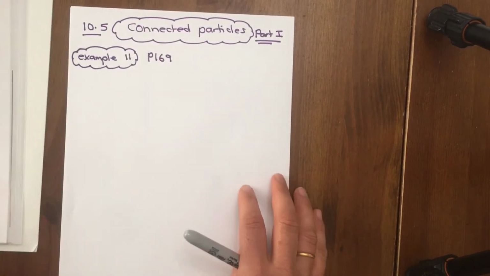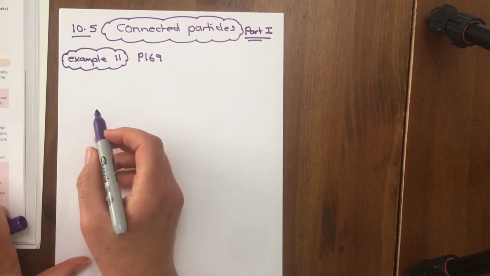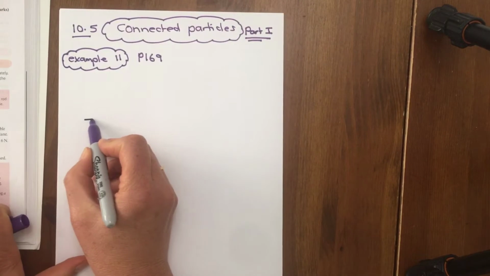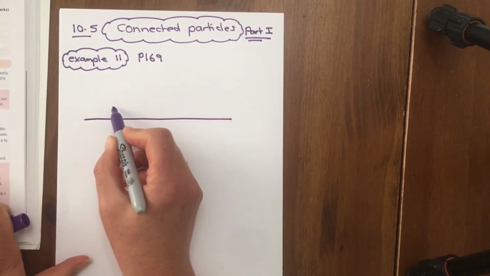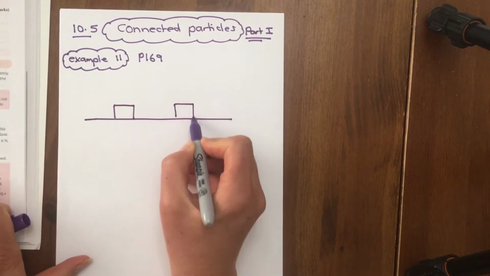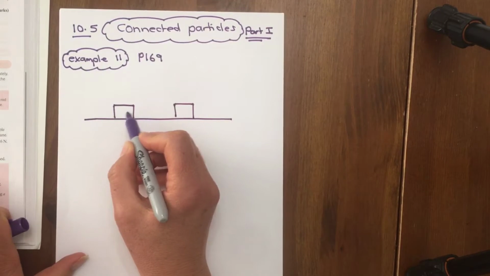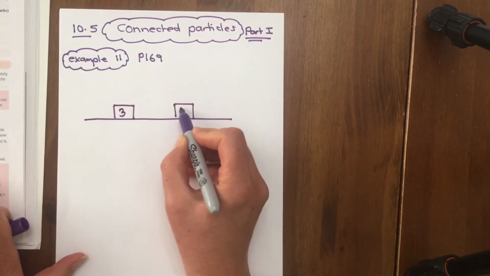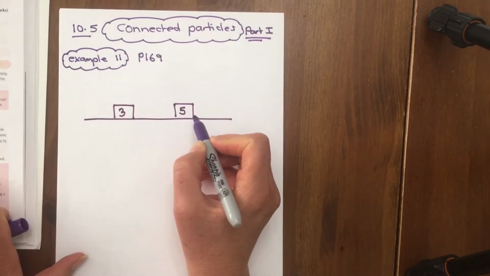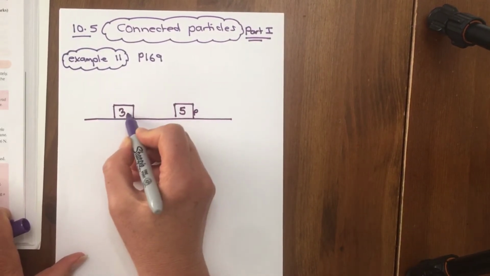It says two particles, P and Q, are connected. So I'm going to draw these particles, P and Q, of mass 3 kilograms and 5 kilograms. This is my particle P and this is my particle Q.